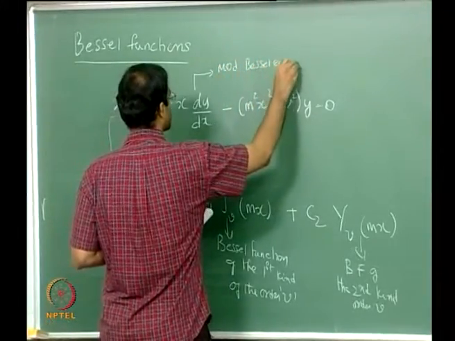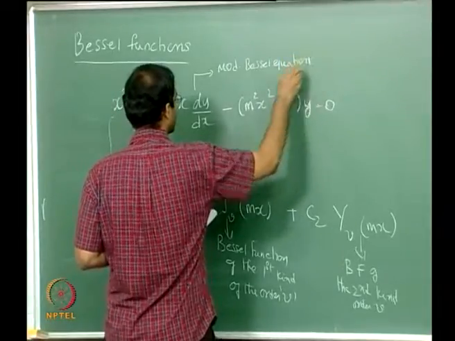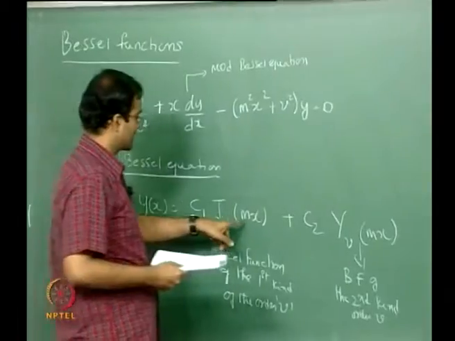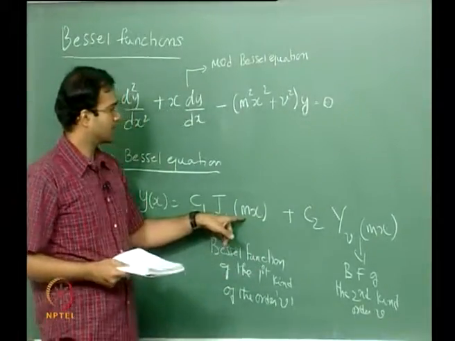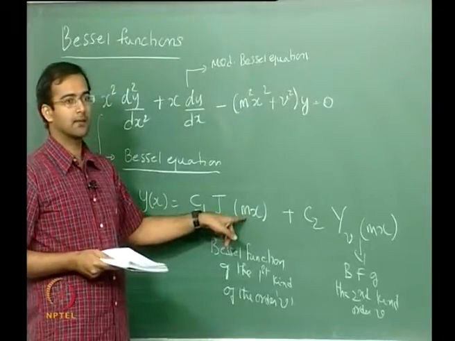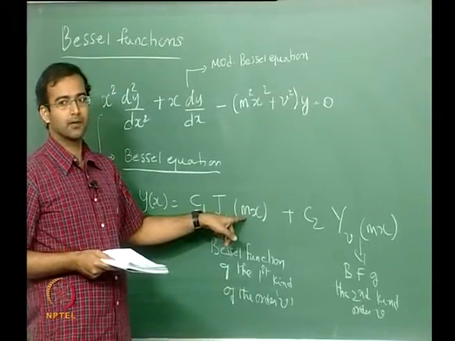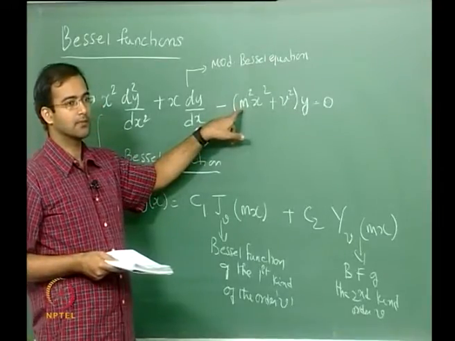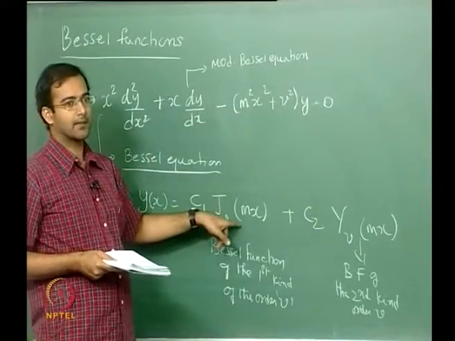It's the same structure as the Bessel equation, only the coefficient term will have a negative sign, and correspondingly the solution changes. Here this is m, so now it will become an imaginary number, basically mi.